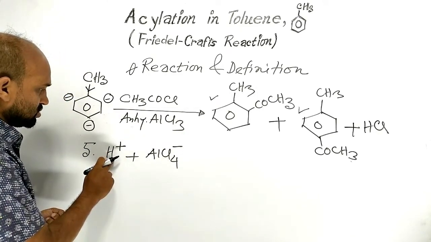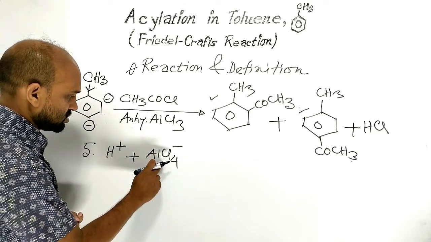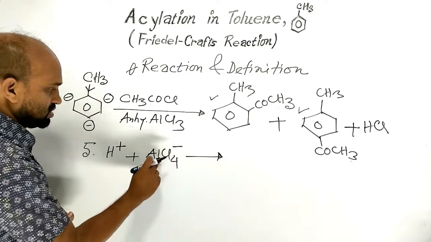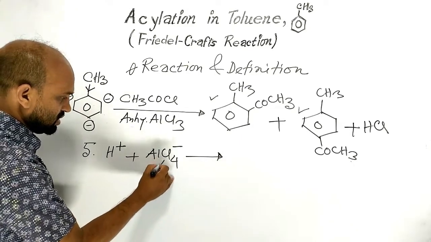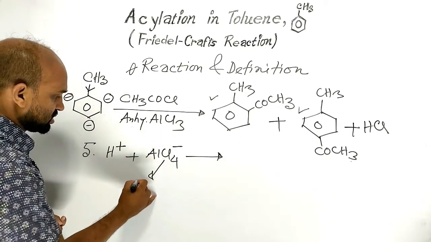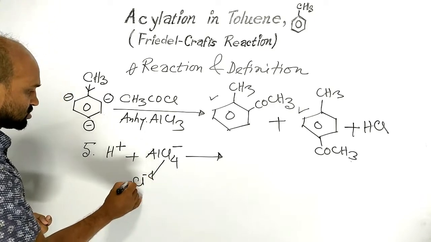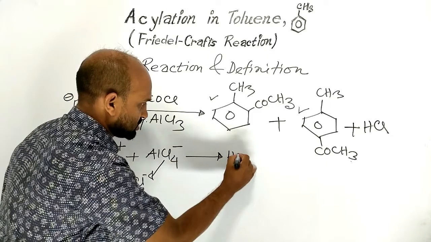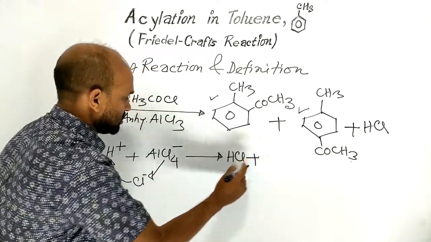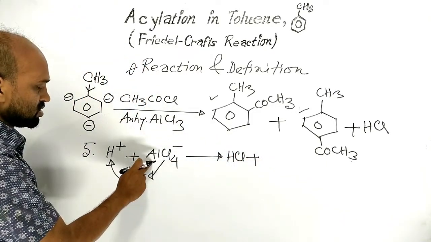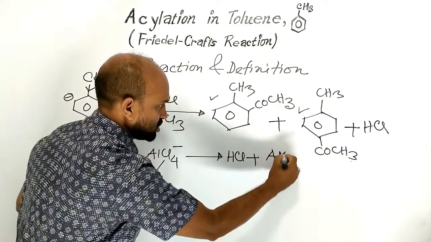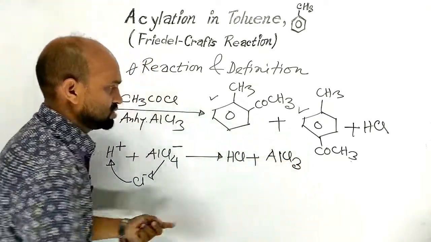When this proton reacts with this ion, the ion releases a chloride ion that combines with the proton to form HCl, and from the tetrachloroaluminate ion, aluminum chloride is formed again.